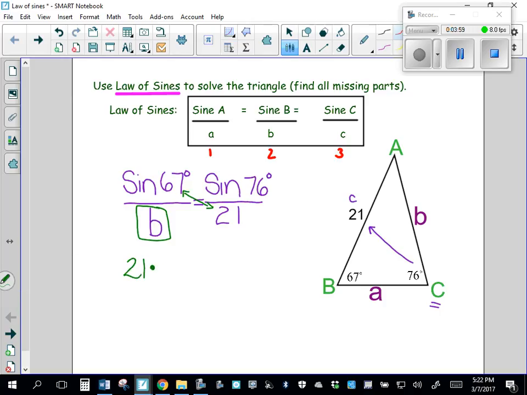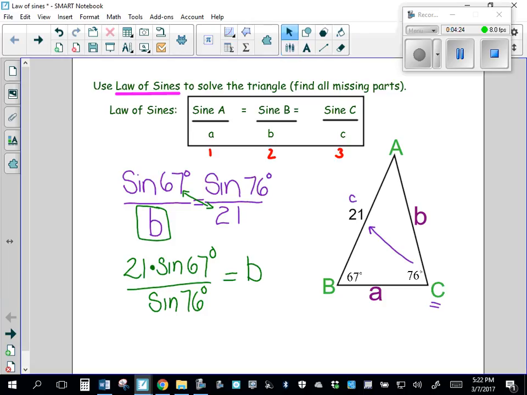So 21 times the sine of 67 degrees, and then I'm going to divide by the third number, which is divide by the sine of 76 degrees. And that's going to be equal to the value of B.